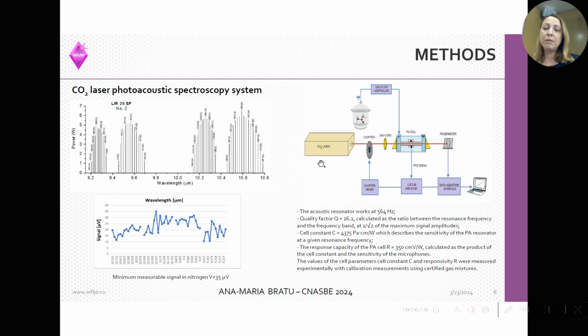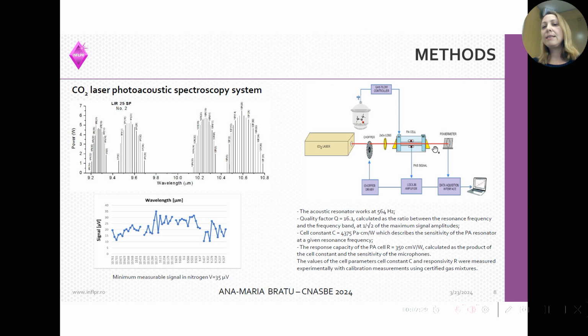So how is this process made? The laser radiation is amplitude modulated by a mechanical chopper, focused by a zinc selenide lens and introduced in the photoacoustic cell where the gas is present. A part of the radiation is absorbed by the target molecule and is excited on the rotational vibrational states.